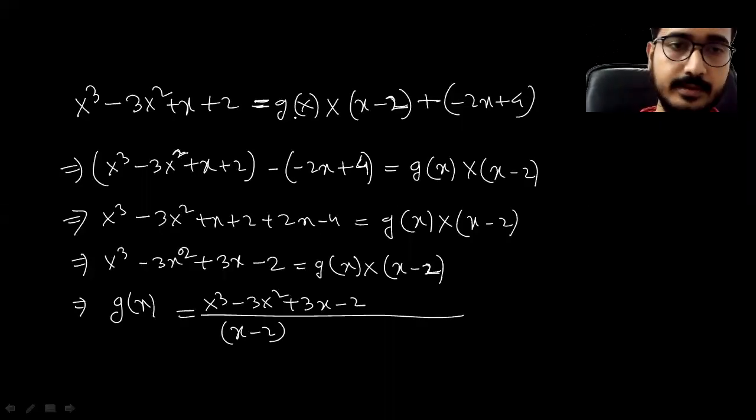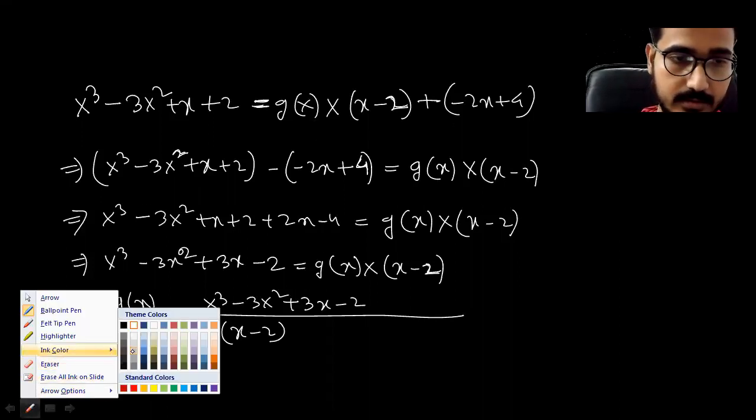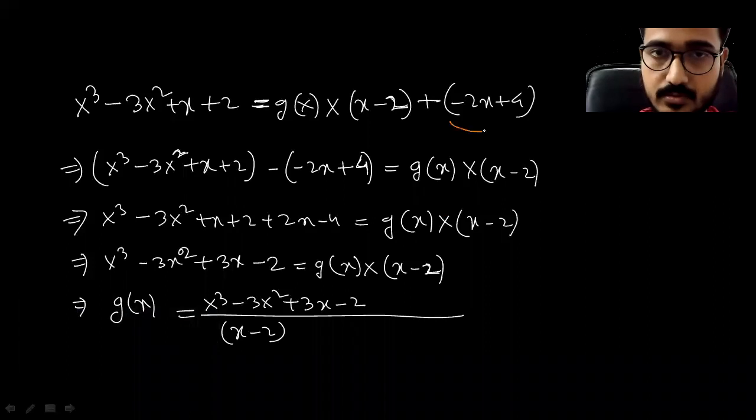Now see, for finding gx, first you have to take this term, minus 2x plus 4, to the left hand side. Now when you take this term, it will be a minus sign, yes or no. Now when you simplify, it will be x cube minus 3x square plus 3x minus 2 equal to gx into x minus 2.